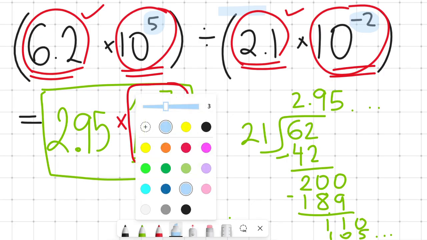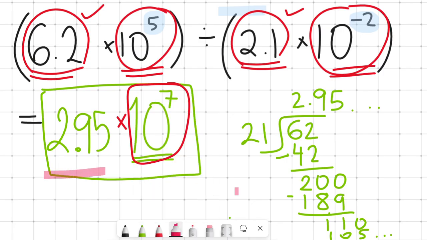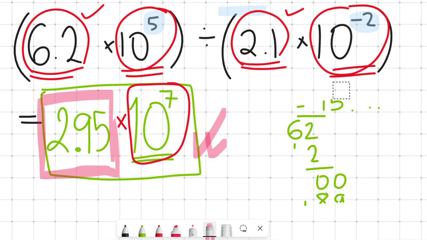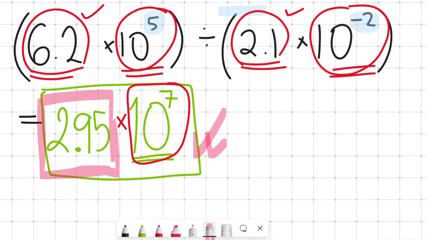We have to check, is my number in scientific notation? Is this number between 1 and 10? It is between 1 and 10. Perfect. With this, we are done with dividing numbers in scientific notation. So basically, to divide two numbers in scientific notation, number by number, 10 to the power of something divided by 10 to the power of something.